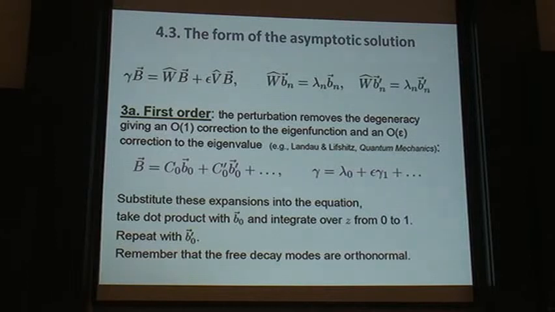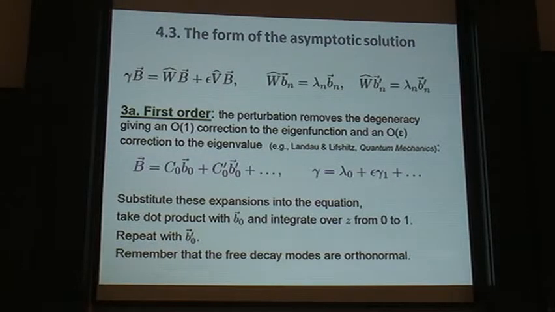Plus epsilon V, epsilon C naught V B naught. It's this operator acting on this term, plus epsilon C naught dash V B naught dash. Right?